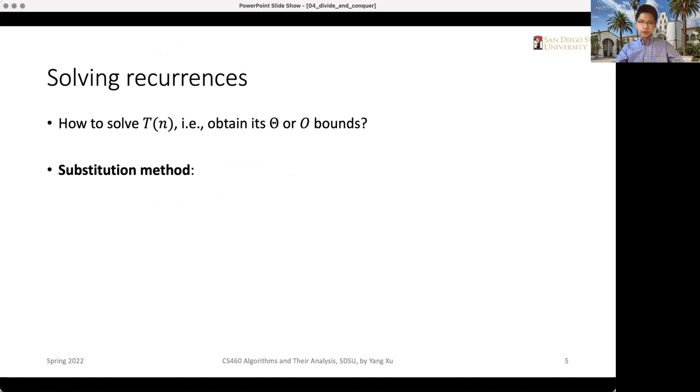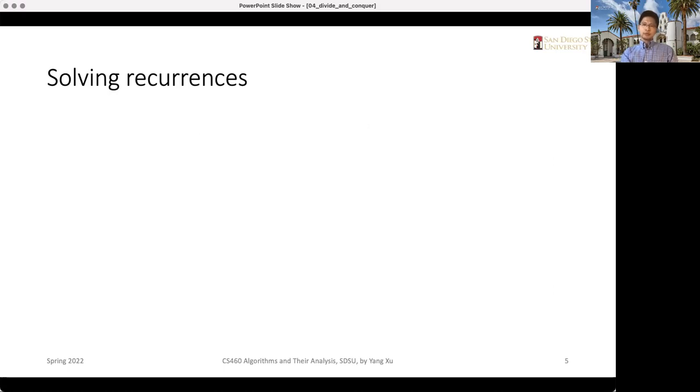So as an overview here, we will introduce several terms. The ultimate goal of this chapter is to introduce a more systematic way to solve the recurrences. Okay, what we have already done with the merge sort is that we draw the recursion trees, right?